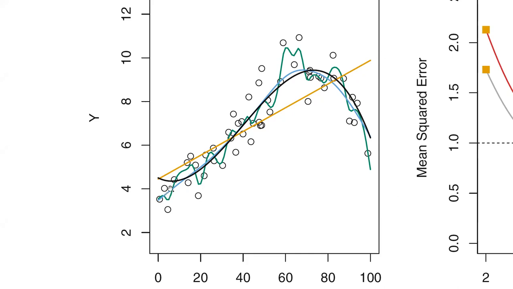Then you have your blue line, which better reflects the apparent non-linearity within the data. And then you have the green curve that maybe goes a lot further than the blue curve.